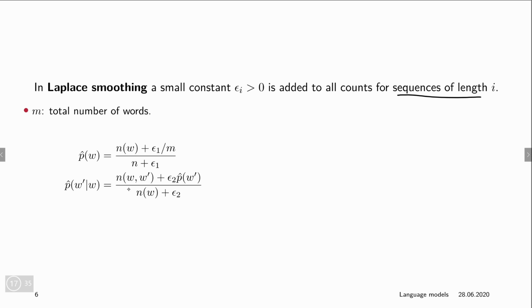So we take the number of times we observe the sequence w followed by w' plus our small prior smoothing, e2 times p of w', divided by the conditioning word, the number of times we observe w, plus e2.